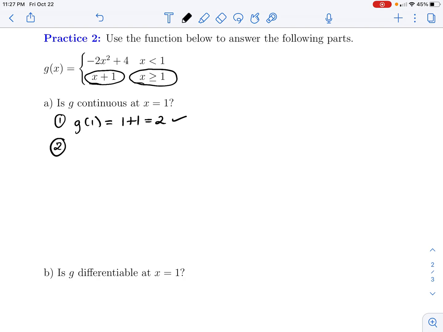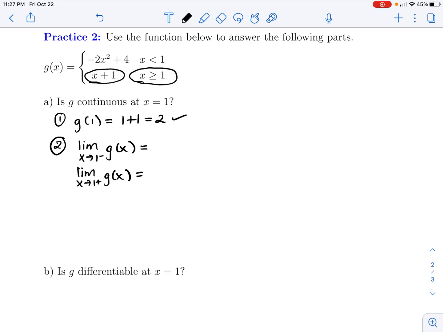Okay. So now I need to check, does the limit as x approaches 1 of the function exist? I need to consider the limit as x approaches 1 from the left of the function, and then the limit as x approaches 1 from the right of the function. That's because the piecewise function is switching from one piece to the other at x equals 1.